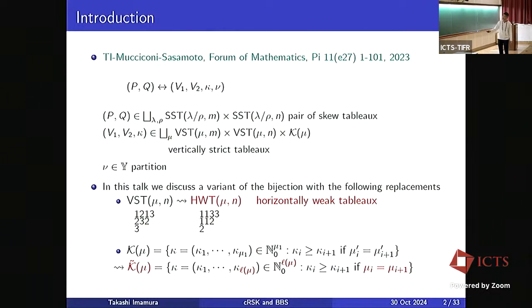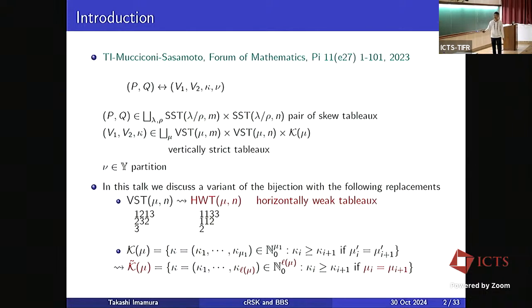This VST is replaced by the HWT, which is called a horizontally weak tableau, which is a kind of dual of the VST. So this is the example. In this case, we do not apply any order in the vertical direction, but we apply the non-decreasing order, weakly increasing order, in the horizontal direction like this.